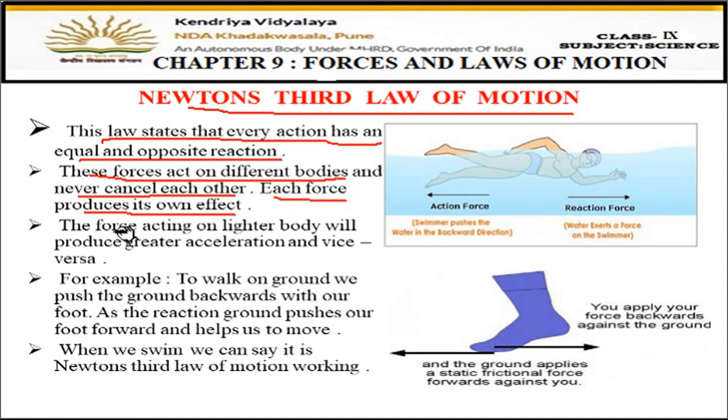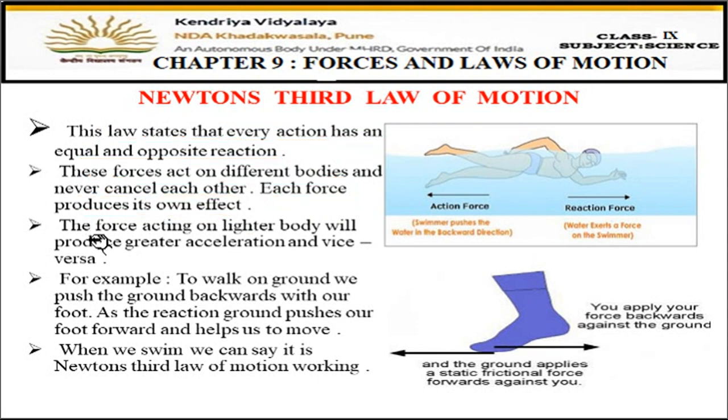Now, the next concept is that the force acting on a lighter body will produce greater acceleration and vice versa. If a body is light in weight, then it will be easy to give it a greater acceleration. Suppose here it is 2 kg and here it is 10 kg.